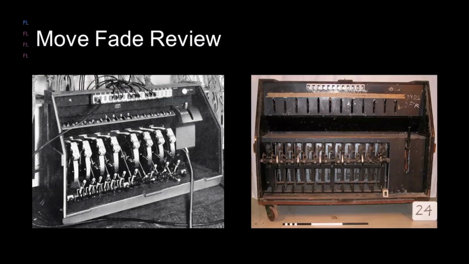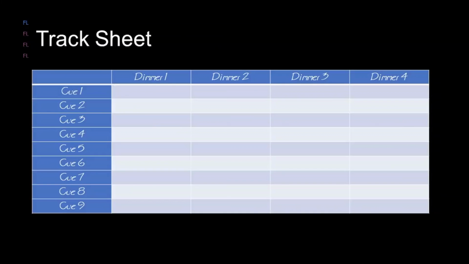I'm going to go through this with you from a manual standpoint. Let's pretend that we're lighting a show on one of these manual resistor boards, and we're going to use what's called a track sheet, right? This is literally a sheet of paper that an electrician has, and it's a grid.